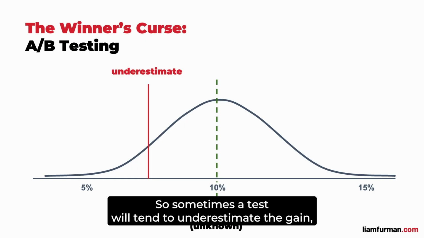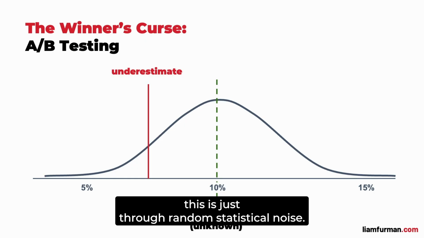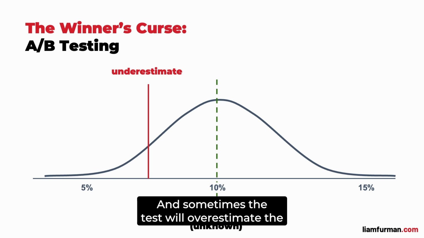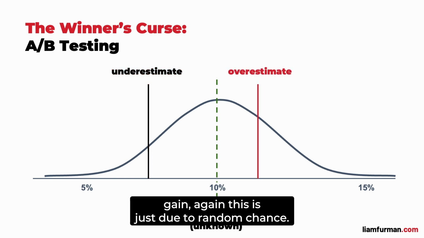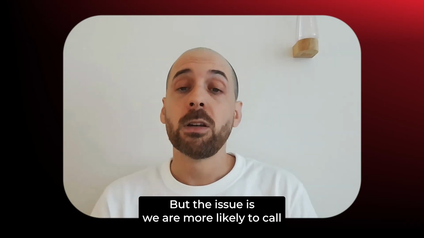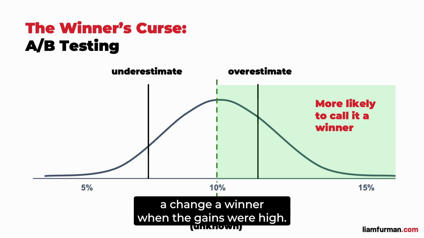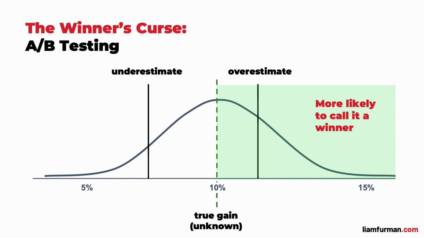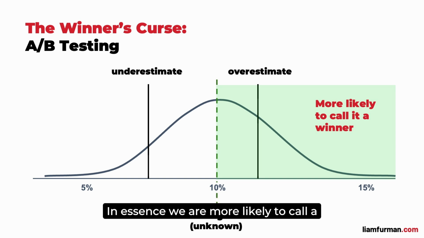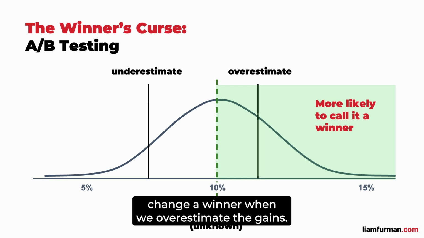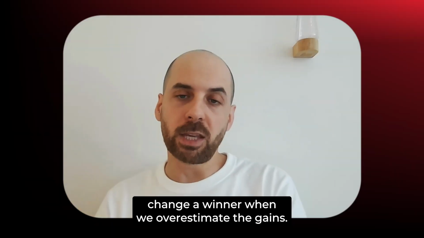So sometimes a test will underestimate the gain, just through random statistical noise, and sometimes the test will overestimate the gain, again just due to random chance. But the issue is, we are more likely to call a change a winner when the gains were high. In essence, we are more likely to call a change a winner when we overestimated the gains.